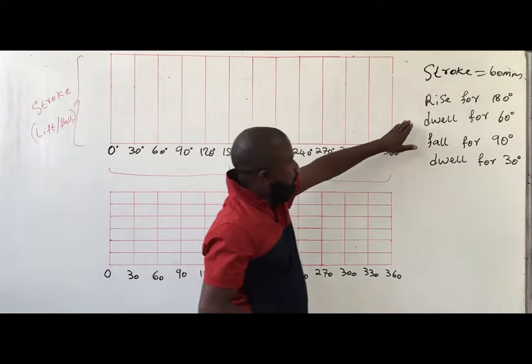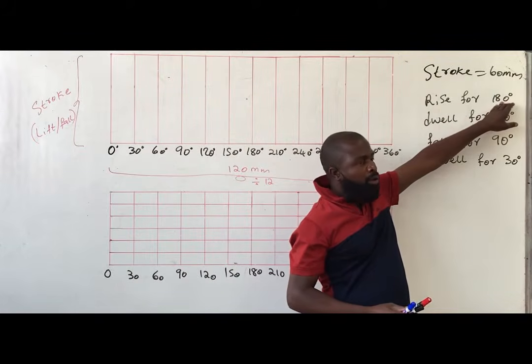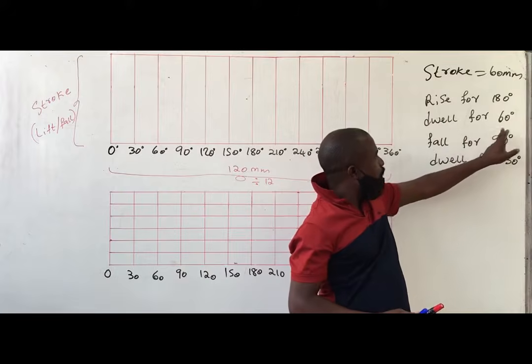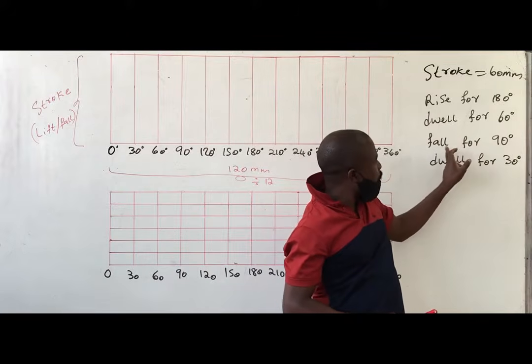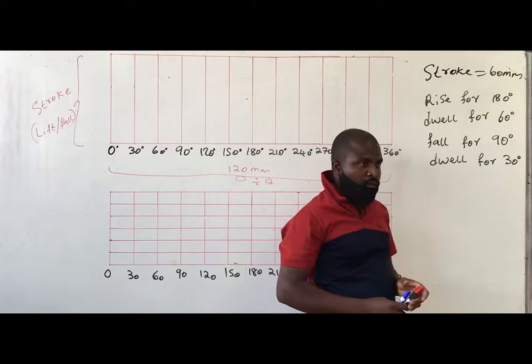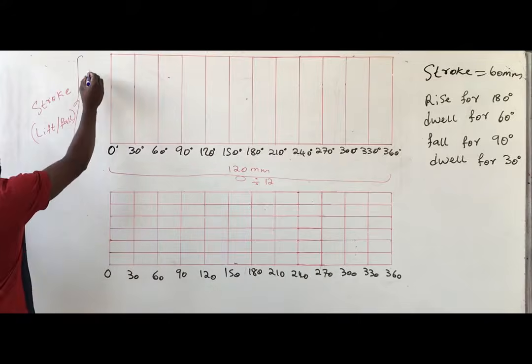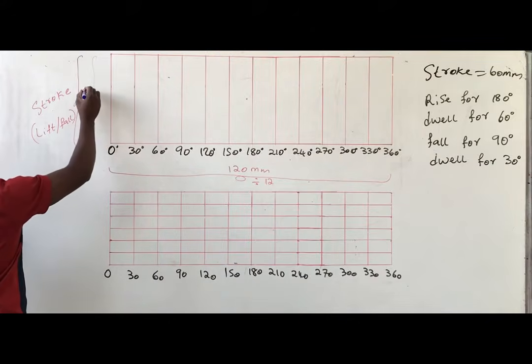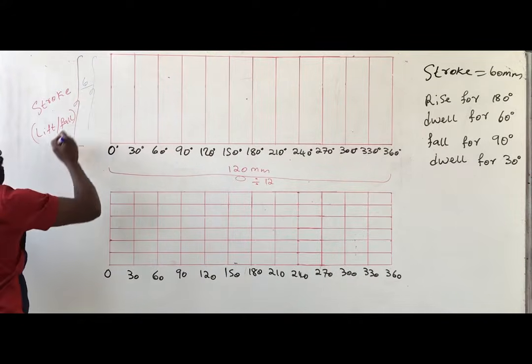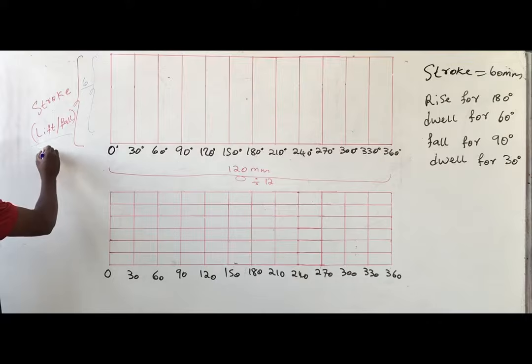From there your cam must rise for 180, dwell for 60, fall for 90, dwell for 30. So before it dwells, as I told you, you must divide this into 6 equal divisions. Therefore, you take your stroke height, you divide it by 6.